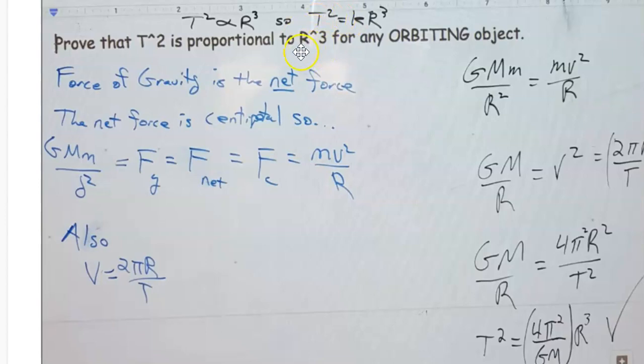But in any case, for Kepler using those units, it's really beautiful to see that this proportionality ends up being an equals, and there's no k at all, that they end up being equal to each other, which is a very cool thing. It has to be true because Earth's one of the planets, so if for t the unit you used was 1 Earth year, and for r you used 1 astronomical unit, which is the Earth's orbital radius, then you get 1s for r and 1s for t, and you cube 1, you square 1, you get all 1s, and k equals 1 for the Earth, so k has to be 1 for all the planets.